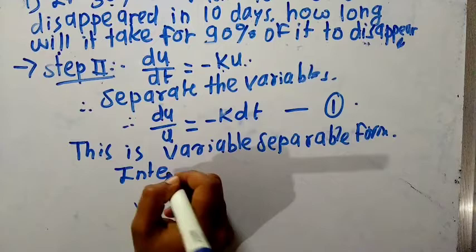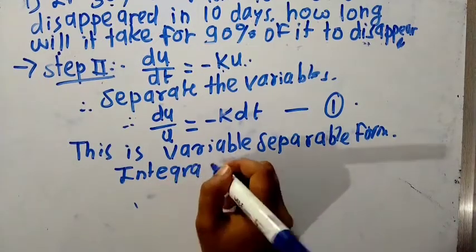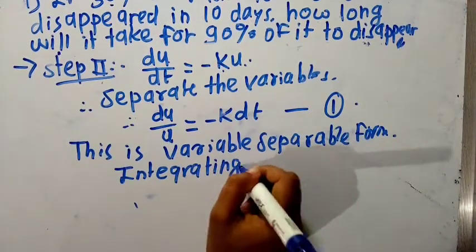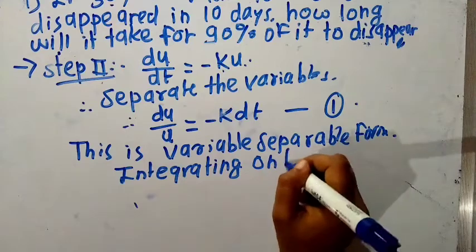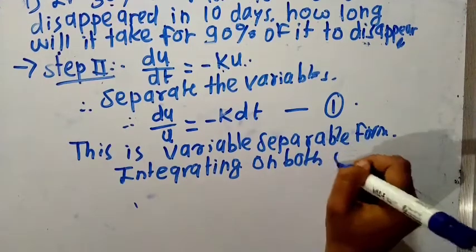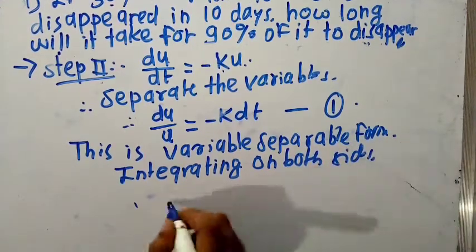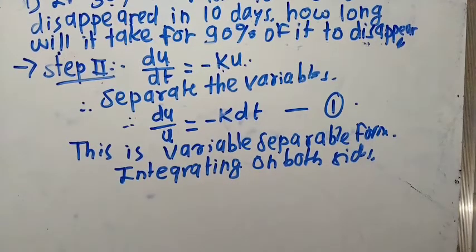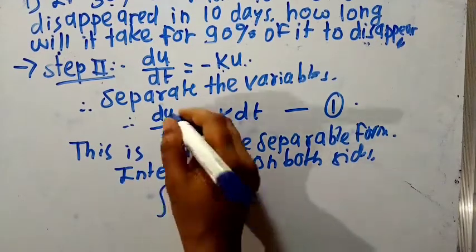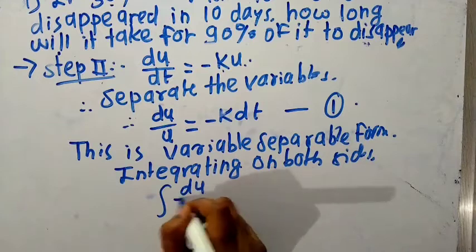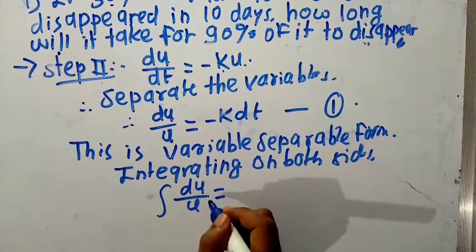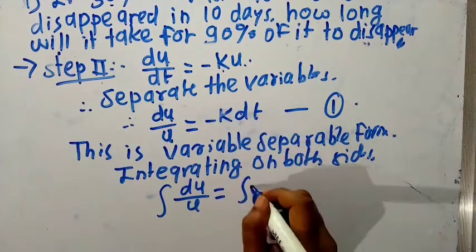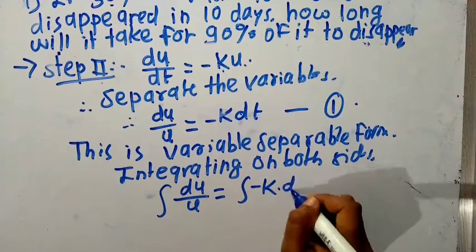Then integrating on both sides. So after integrating, integration of du divided by u is equal to integration of minus k into dt.